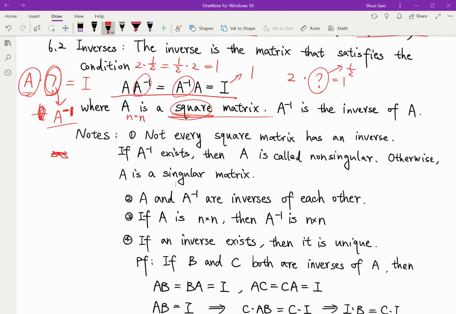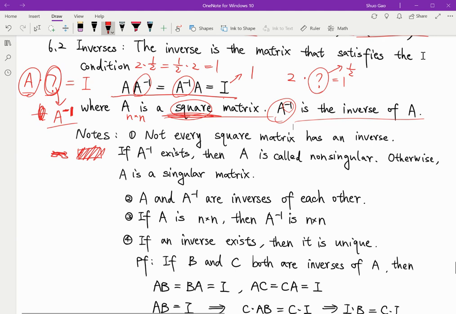But here, just remember that A has to be a square matrix, because when we are finding the inverse matrix, it has to be a square matrix to do the step-by-step calculation. Otherwise, if it's a rectangular matrix, there's no way that we can find an inverse matrix like that. So it has to be a square matrix. And A inverse, with this notation -1, is called the inverse of A.